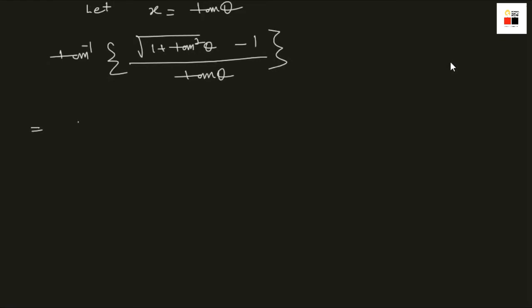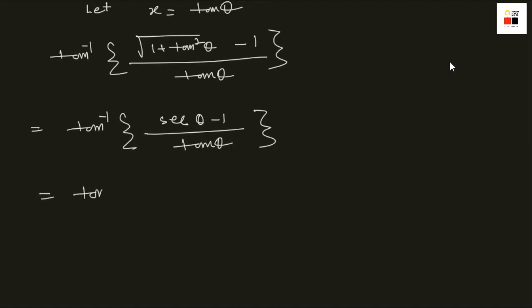This is equal to tan inverse of sec theta minus 1 divided by tan theta. This is equal to tan inverse of 1 by cos theta minus 1, divided by sin theta by cos theta.